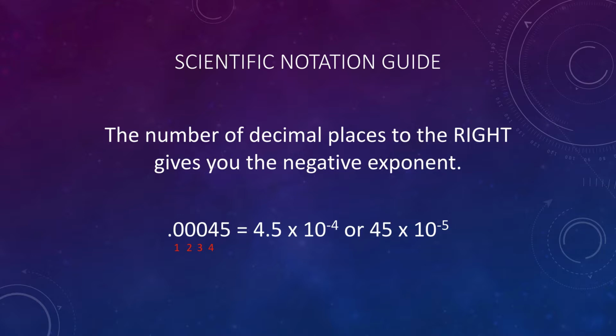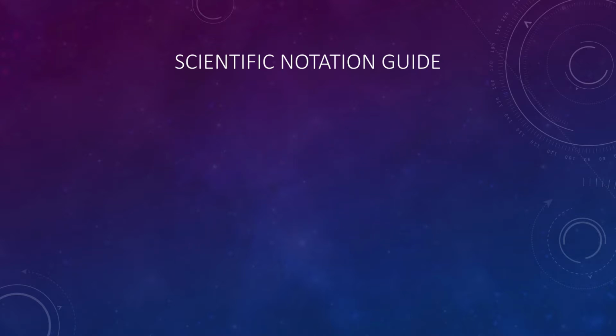For the first answer, the 4 is 4 decimal places to the right. For the second answer, 45 is 5 decimal places to the right. Both numbers are correct and represent the same value. Please note, 10 to the 0 equals 1. 10 to the 1 equals 10.